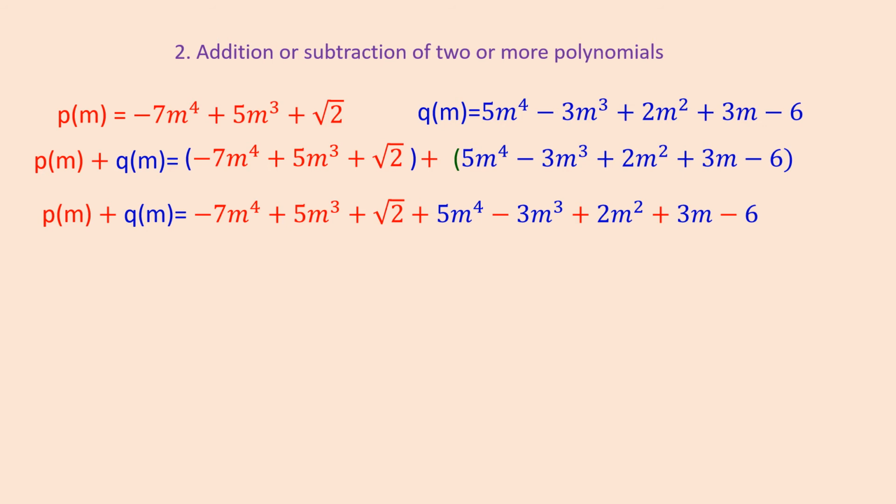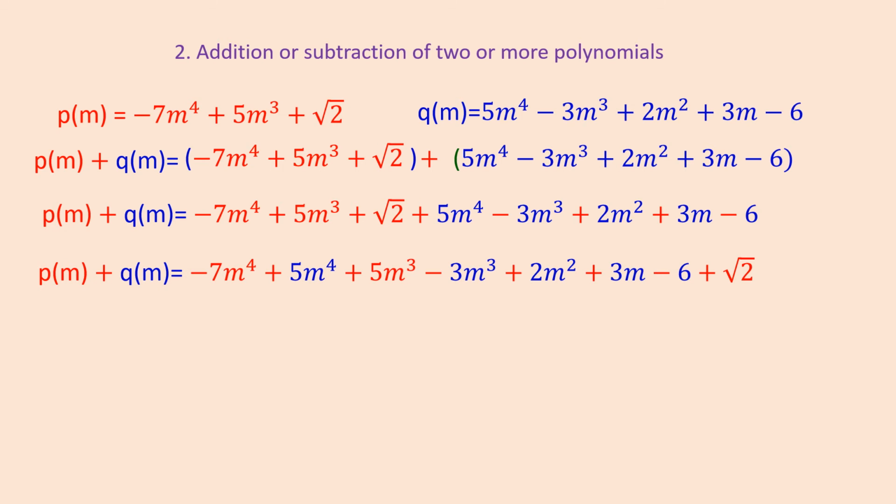You will see that the signs which were there with the blue polynomial in the bracket did not change. Whatever it was with the blue color, the same it is now in the red color. So why did the sign not change? Because outside the bracket it was a plus sign.